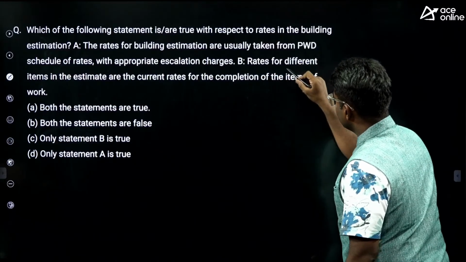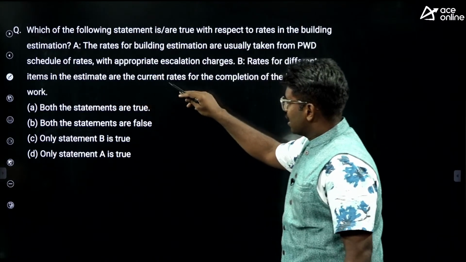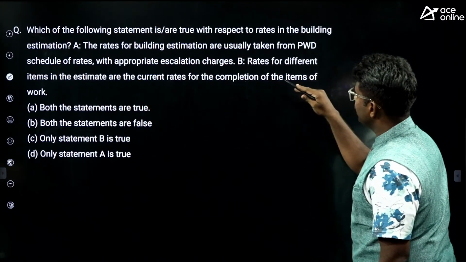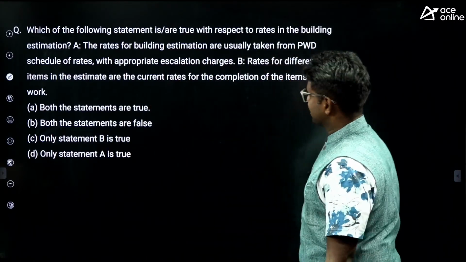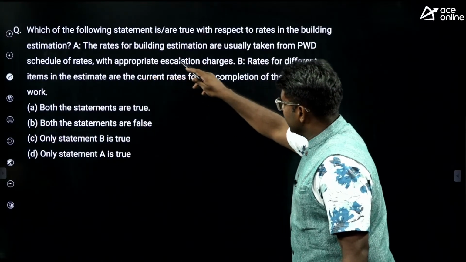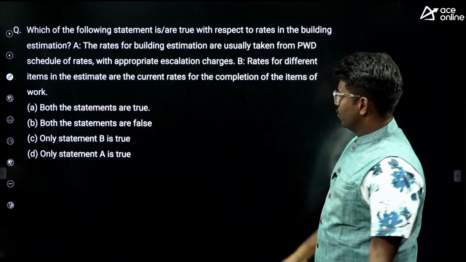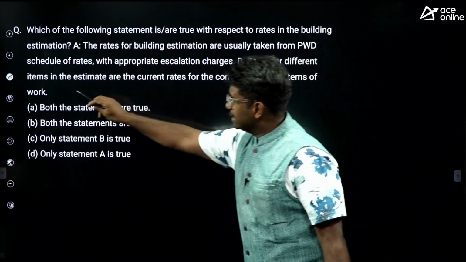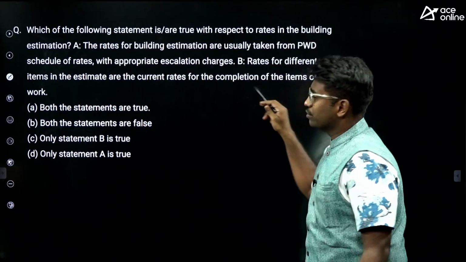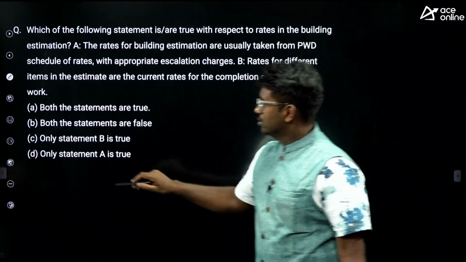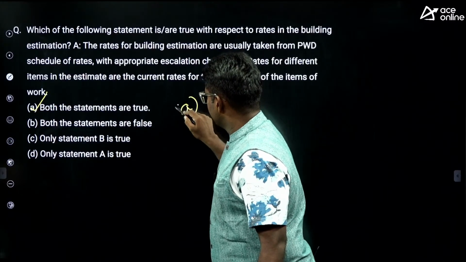B: The rates for different items in the estimate are the current rates for the completion of items of work. Both are correct. Both statements are true. Answer is A. Simple.